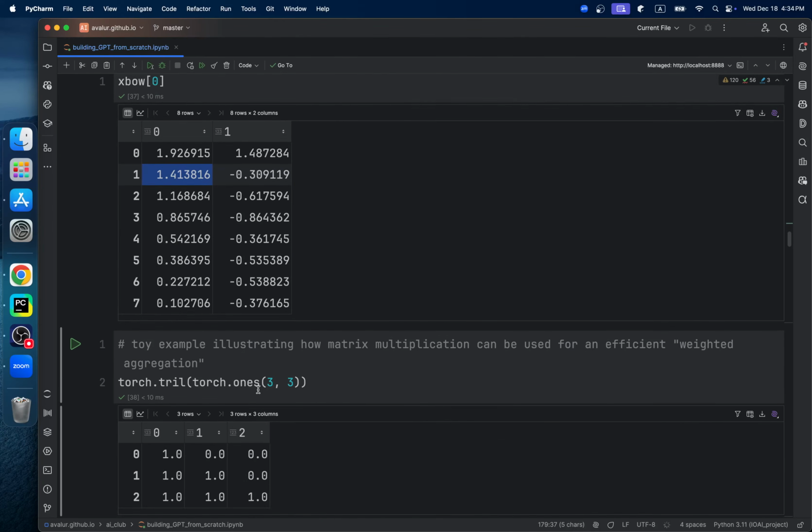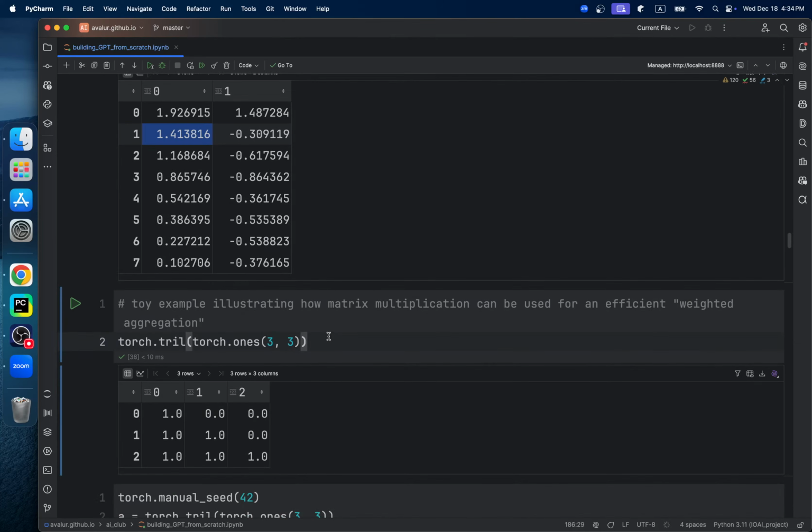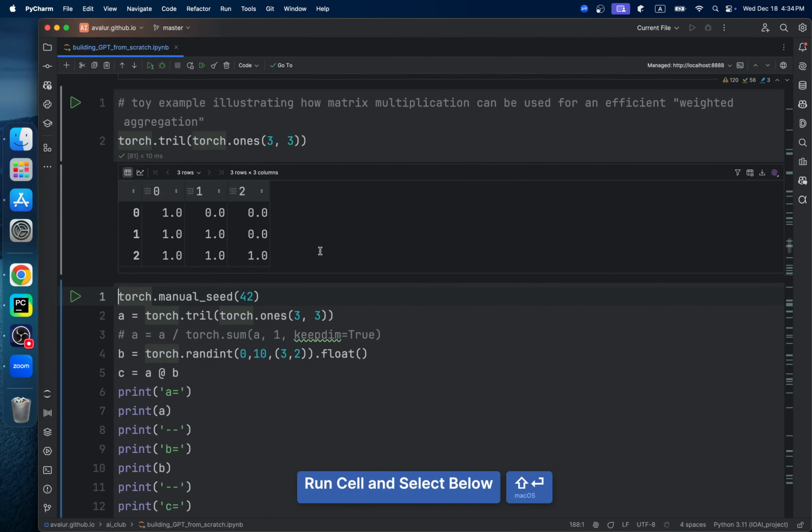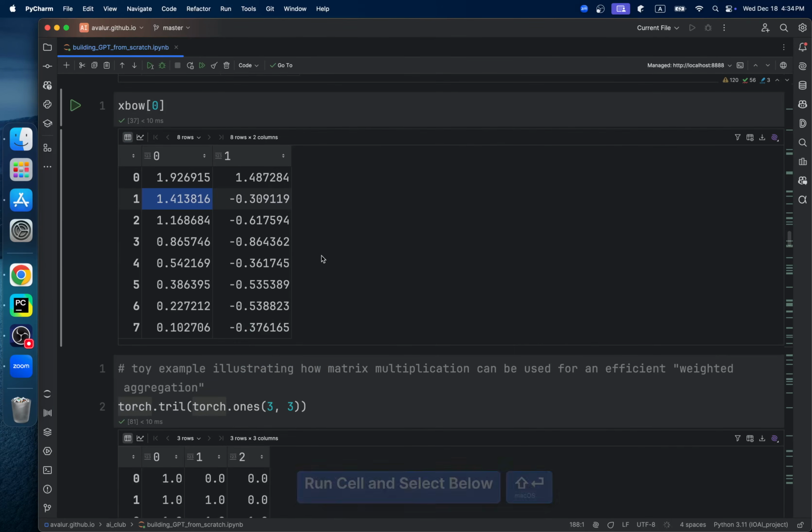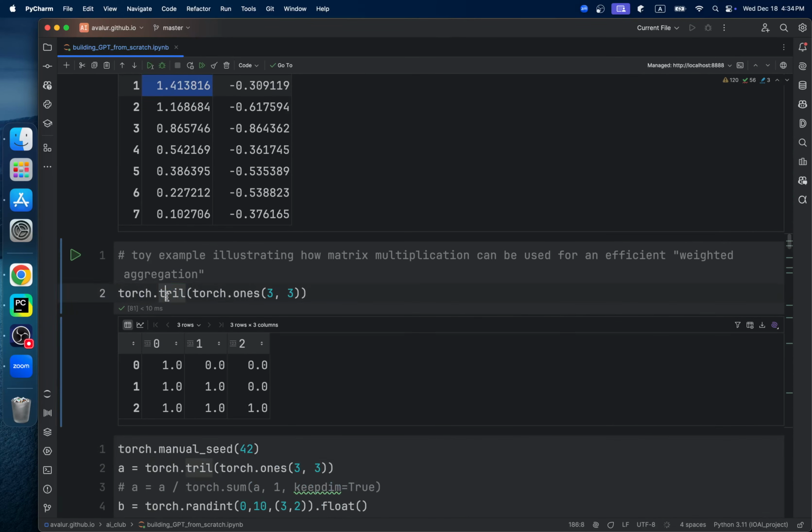And this is the first different approach. In PyTorch, there is a tril matrix and a tril operation. So for a matrix consisting of ones with shape 3 by 3, we apply tril. It means triangle lower. So you see it becomes a lower triangle matrix.